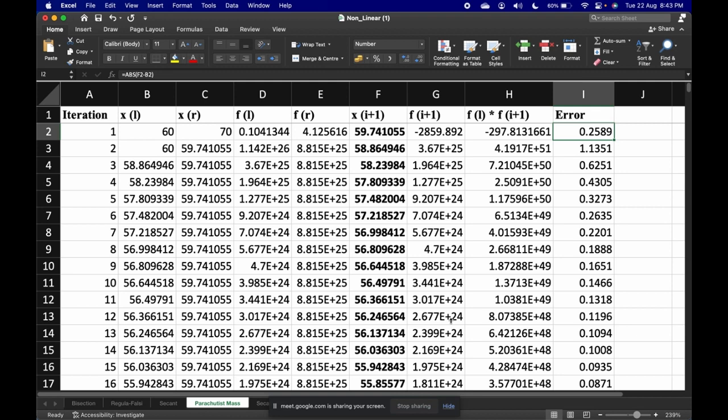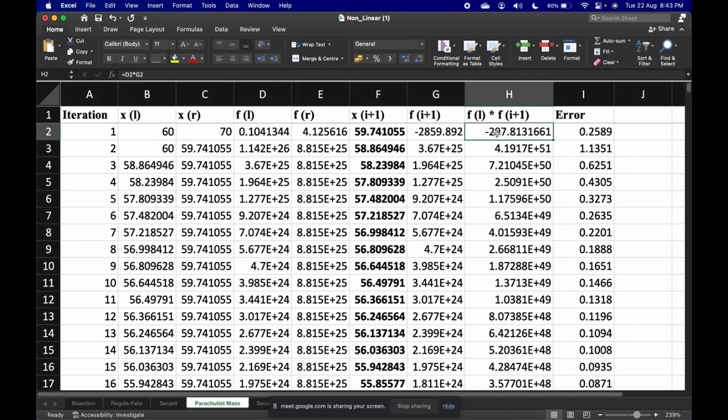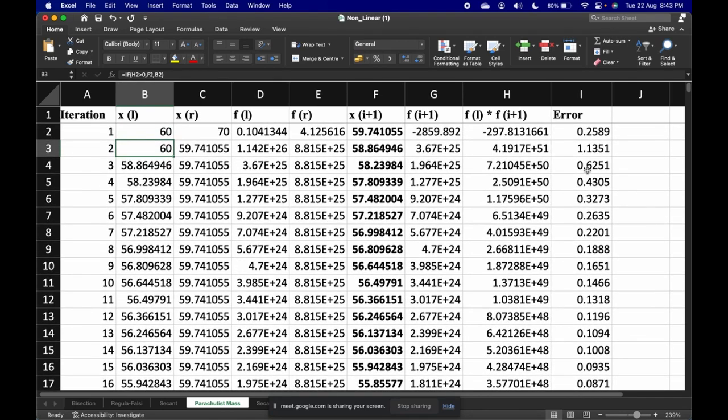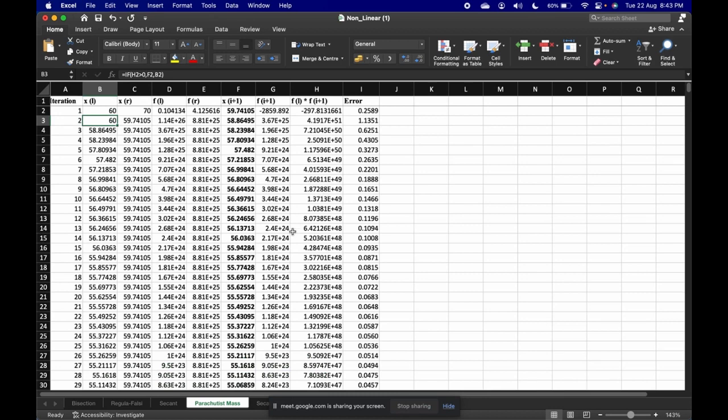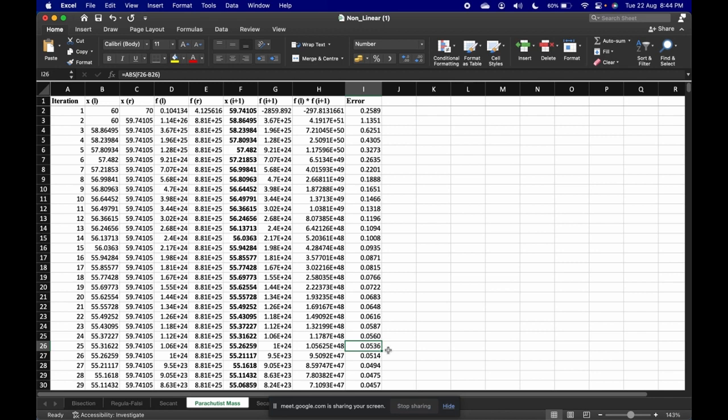Yeah. So what I was saying, we had done this iteration number 1, and got this error value. Since this FL into Fi plus 1 is negative, therefore XR would be replaced with the Xi plus 1 here, and the rest of the iteration would continue. Now if you see, even after 25 iterations, the error value is still 5%, or 0.05.